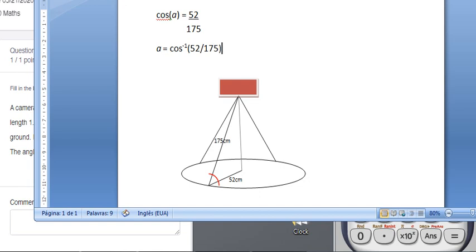Can you see? I just moved the cosine function to the other side as the inverse function of cosine.